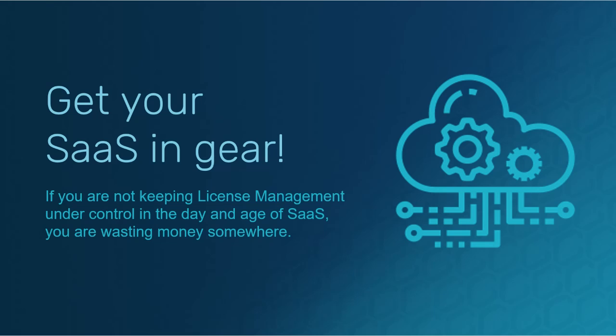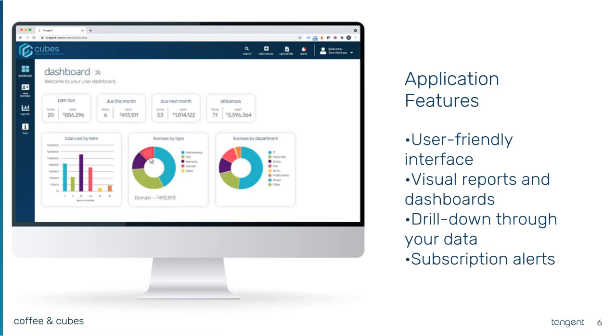A quick overview of the actual system itself. What we wanted to do by designing this piece of software was to bring your data to life a little bit, to show you visual representations of your data, have quick access points throughout the solution that allow you to get to what you need to get to, and to be able to act upon those license records.